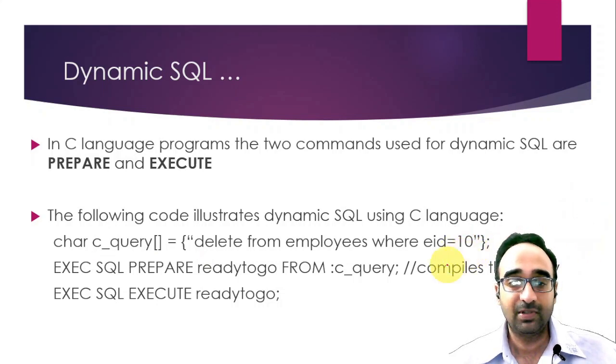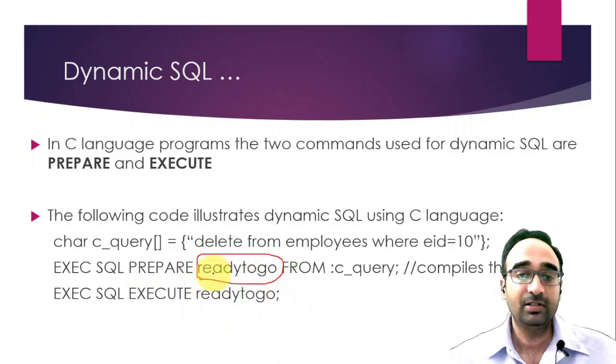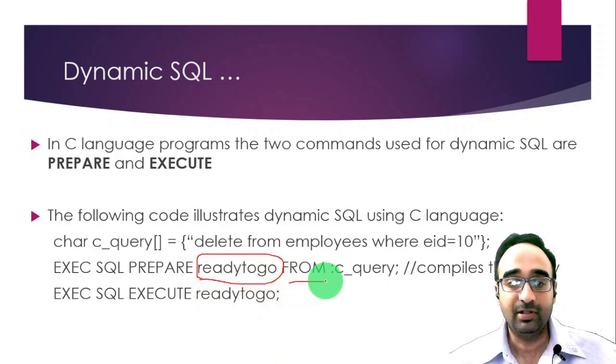Then next you have to write this EXEC SQL PREPARE statement. You give some name to this statement, followed by the keyword FROM and the query. What you are doing in this line is compiling the query.